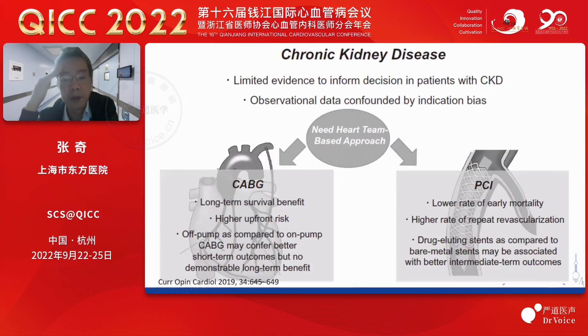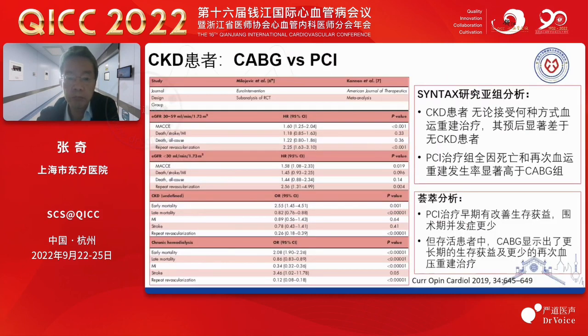I think for the CKD patients, there is limited evidence of treating those patients for coronary artery disease, but it's always CABG versus PCI. For the CKD patients, from the subgroup analysis, this is the SYNTAX subgroup analysis.